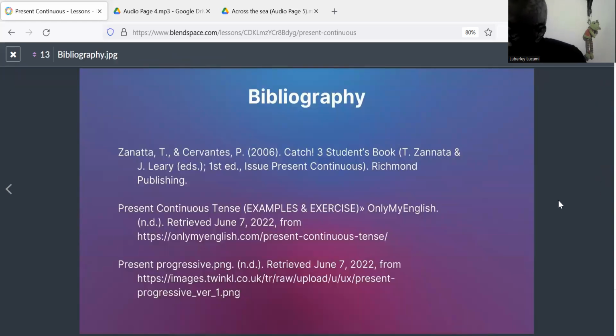Okay, now I'm going to tell you something about the methods that I have used in this class. One of them is the audiolingual method, and the other one is collaborative learning.